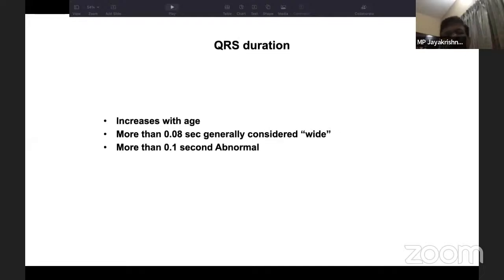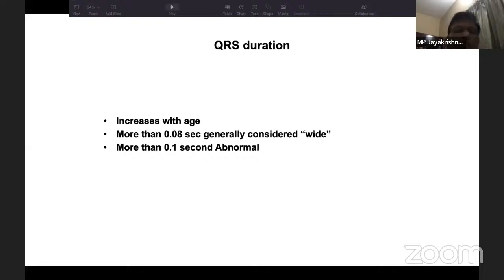So QRS duration actually increases with age. And for simplicity's sake, I have written this as 0.08 second here. So more than 0.08 second means more than 2 divisions. We consider the QRS complexes to be wide. If you look at the literature in children, they mention 0.09 seconds as the cutoff, beyond which you consider it to be abnormal.